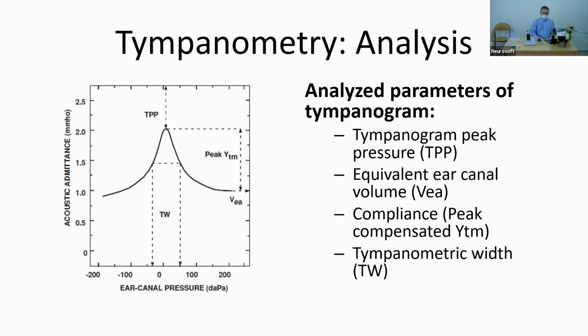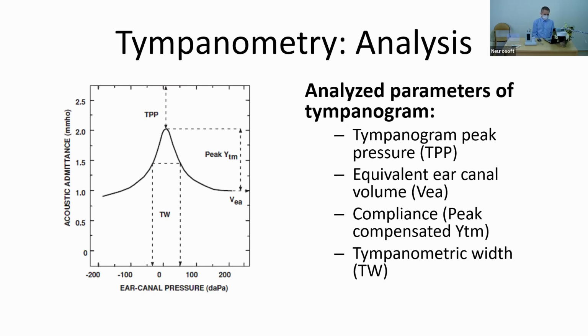Then the equivalent ear canal volume, which is basically the admittance of the outer ear I was talking about before, which is measured at 200 daPa usually. Compliance, which is a peak compensated admittance at the tympanic membrane. So it is actually the part of admittance which comes from the middle ear.